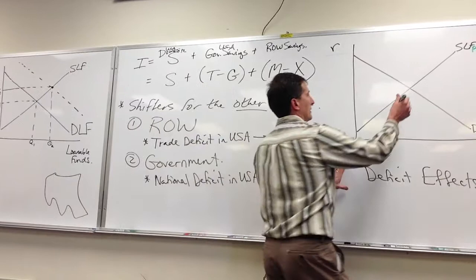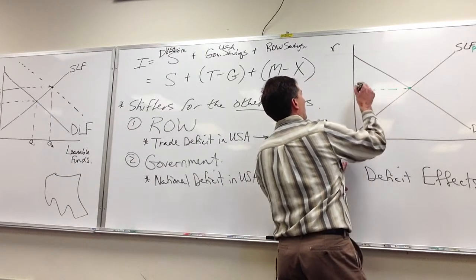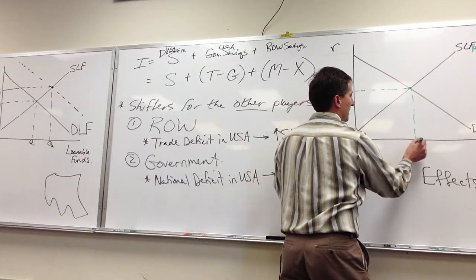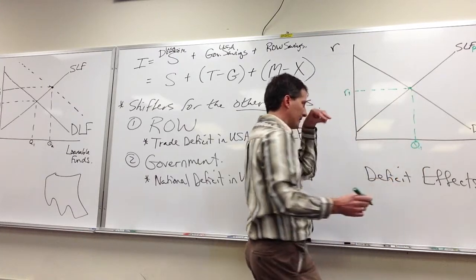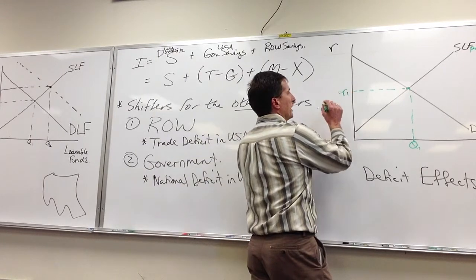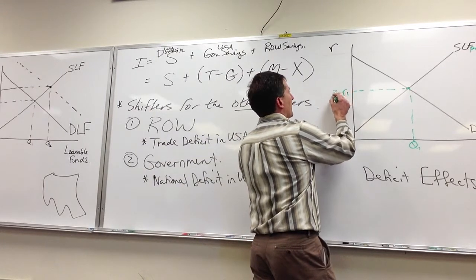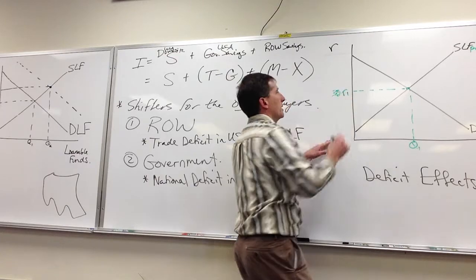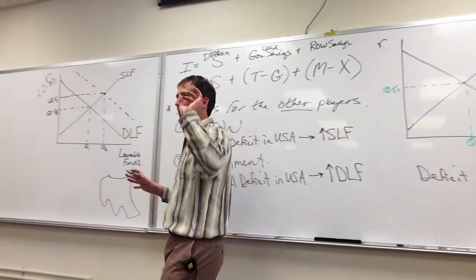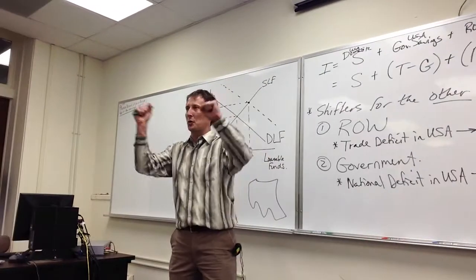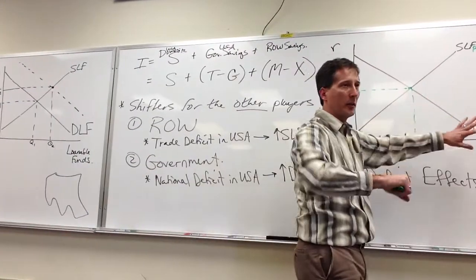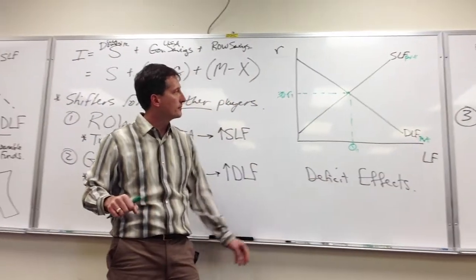So with a balanced budget scenario, we would have some interest rate and some quantity of loanable funds, some amount of investment. Let's just say we'd be operating at 3%, just to pick a number out of thin air. So there's kind of the free market with just businesses and households because the government has a balanced budget. And we'll ignore the rest of the world right now.